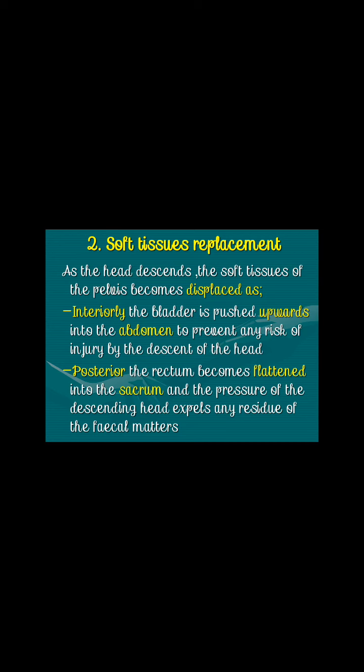So hii kusukumwa upward ni kusaidia kwamba kichwa kiweze kupita, kwa sababu the anatomy of the uterus and the bladder it is near. Bladder ipo juu ya uterus. So as head descends, this bladder is pushed upward into the abdomen. But hii ni sehemu ya juu.